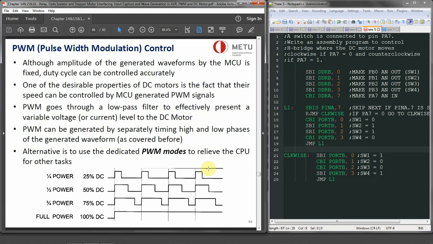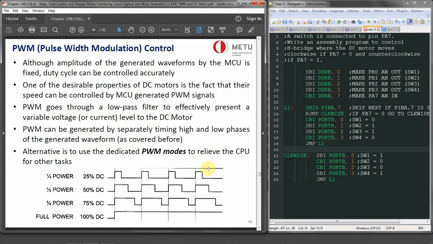For a given load, we can maintain a steady speed by using a method called PWM. By modulating the width of the pulse applied to the DC motor, we can either increase or decrease the amount of power provided to that motor, thereby increasing or decreasing the motor speed.